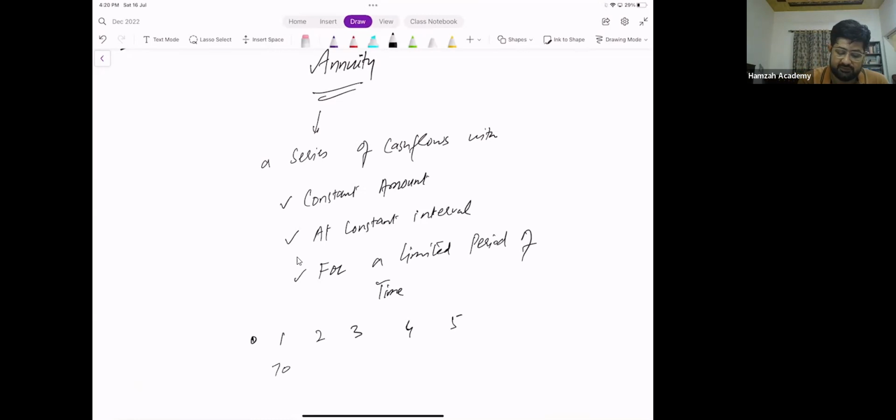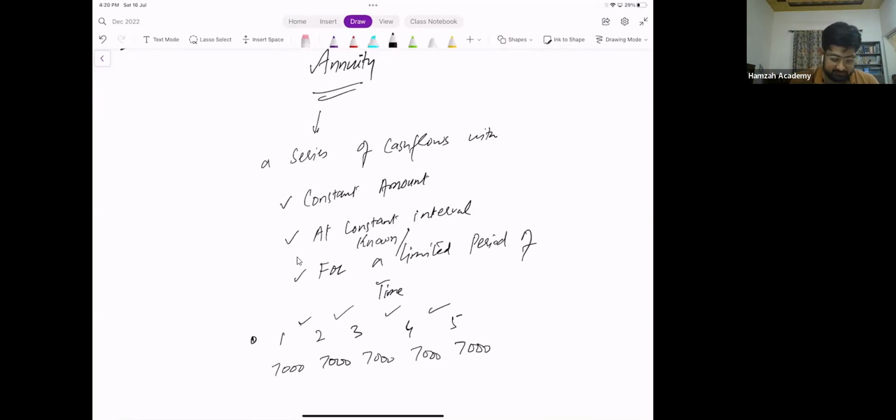you will get 7,000 every year. Constant amount at constant interval for limited means known period of time.